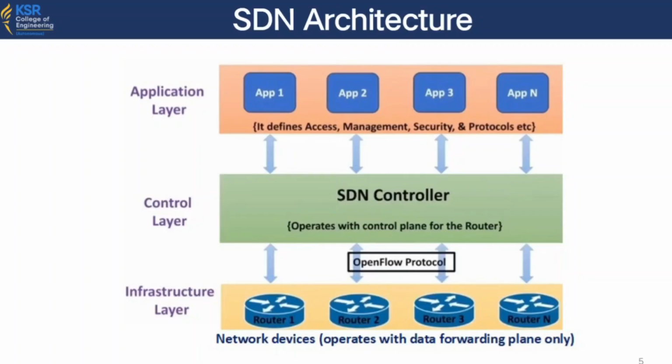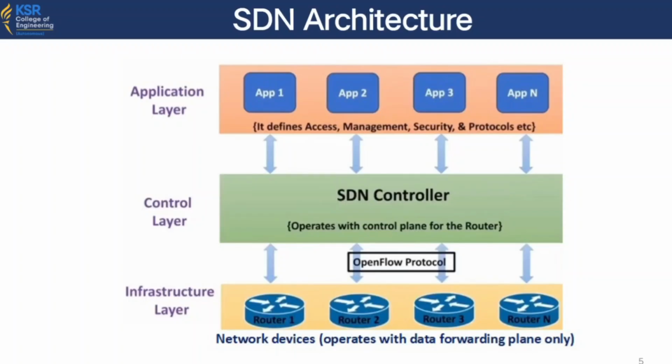In the first layer we have the infrastructure layer. In the infrastructure layer there are network devices, like I told you, routers when it comes to routing data. These network devices operate with the data forwarding plane only, meaning in this architecture these routers are only forwarding data.